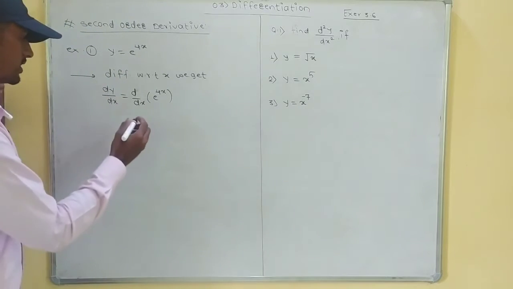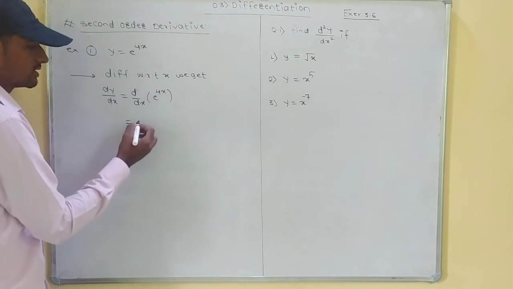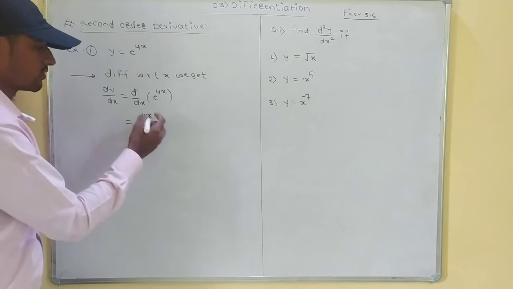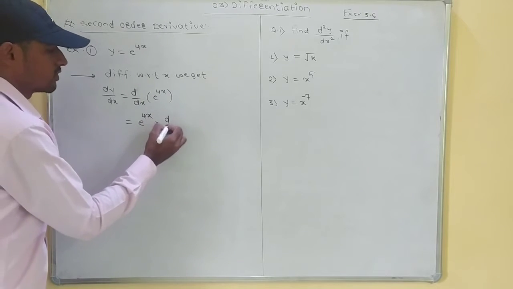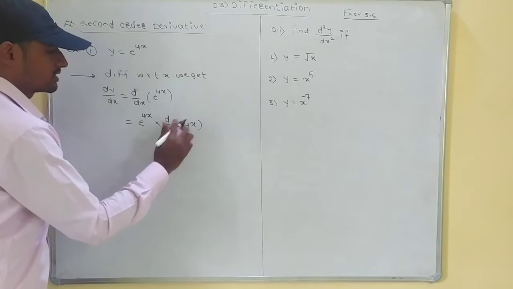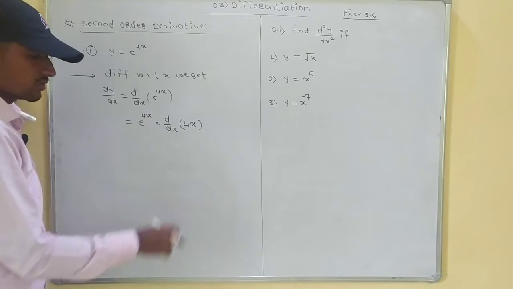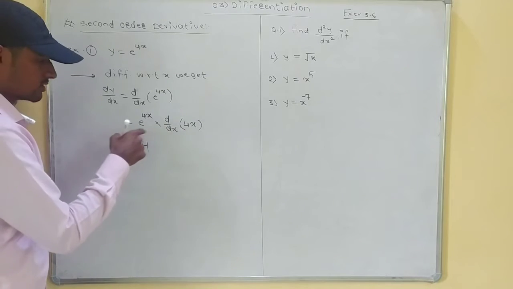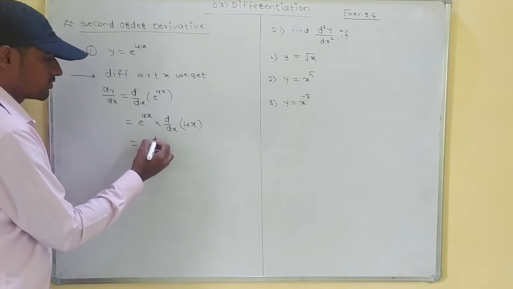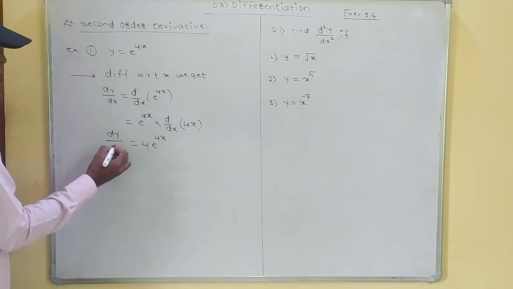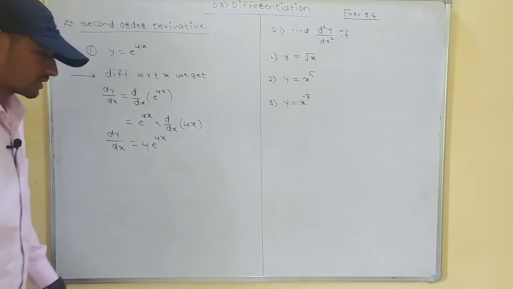So derivative of e to the power 4x is e to the power 4x into derivative of 4x. What is the derivative of 4x? Derivative of 4x is 4. That's why this is equal to 4 into e to the power 4x. This is dy by dx. This is the single derivative. Okay.